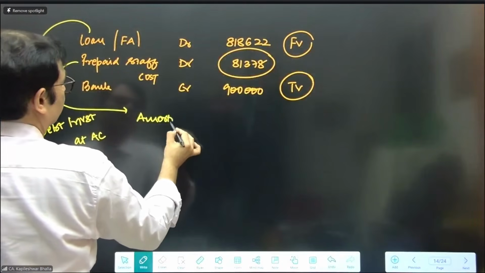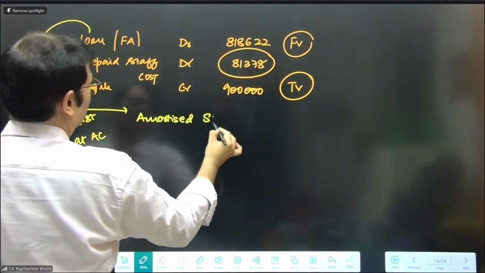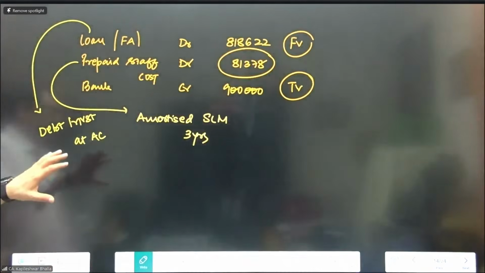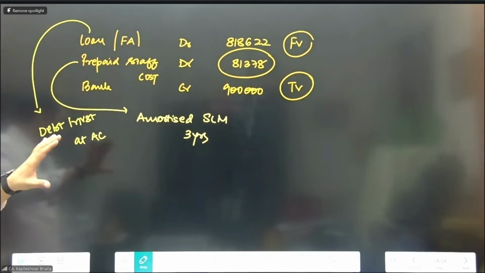Yes, of course. It is going to be amortized straight line method over a period of 3 years in this case. Now, this is the initial accounting done.